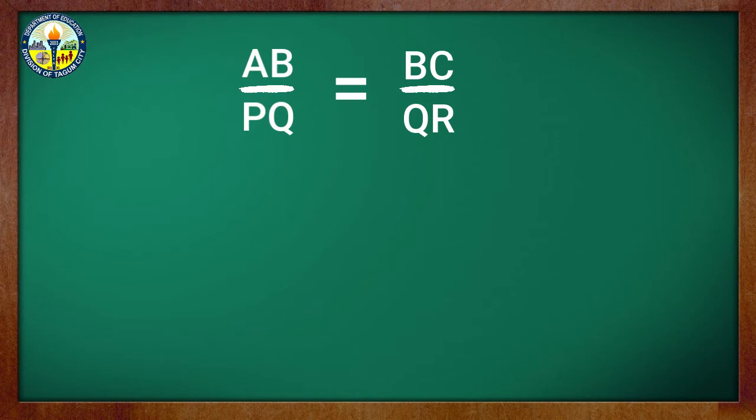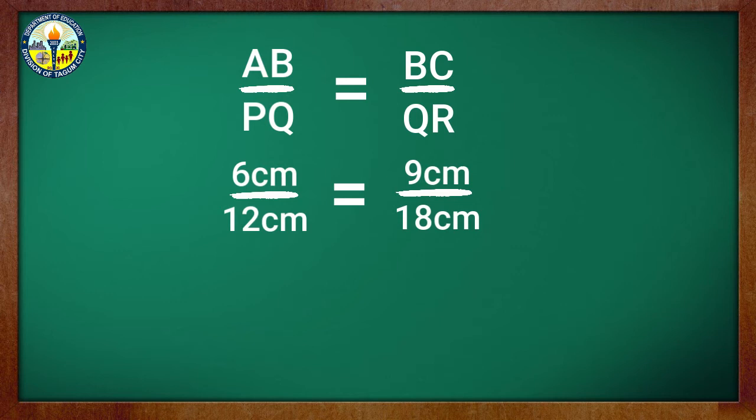To show this, we substitute the given lengths of sides to the equation. We have 6 centimeters over 12 centimeters is equal to 9 centimeters over 18 centimeters. The units of measure are cancelled out.